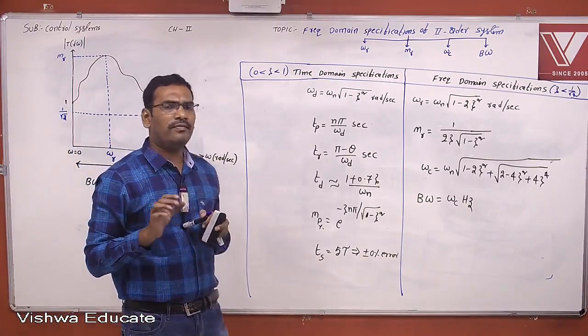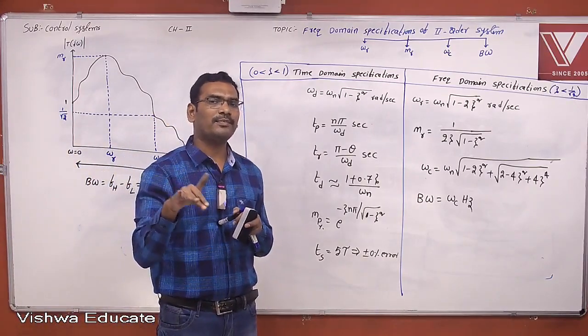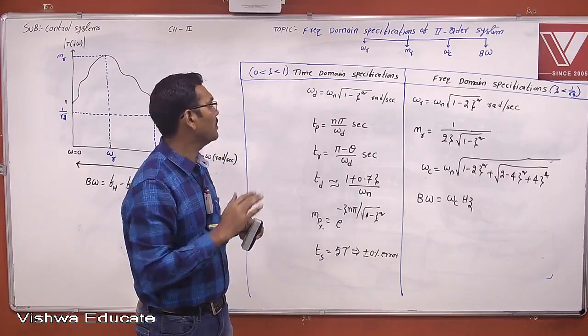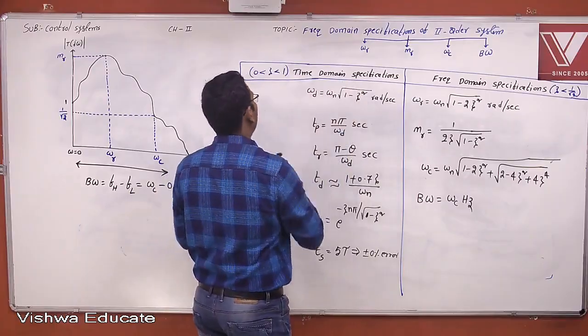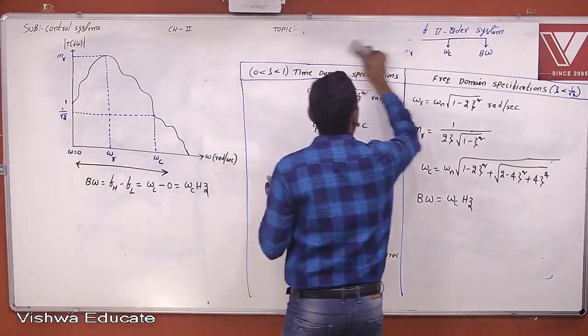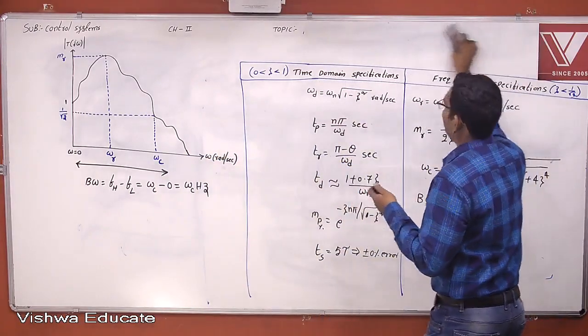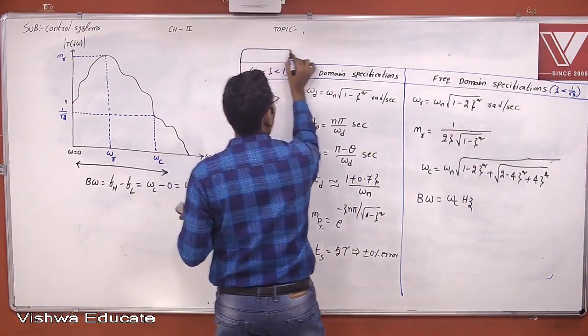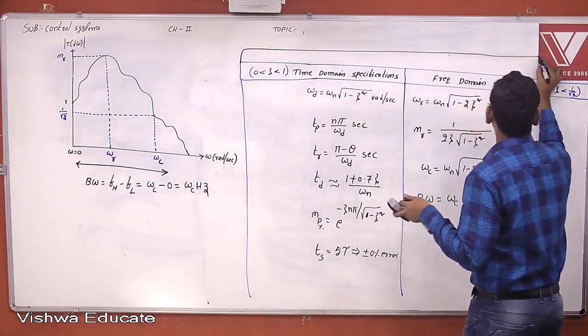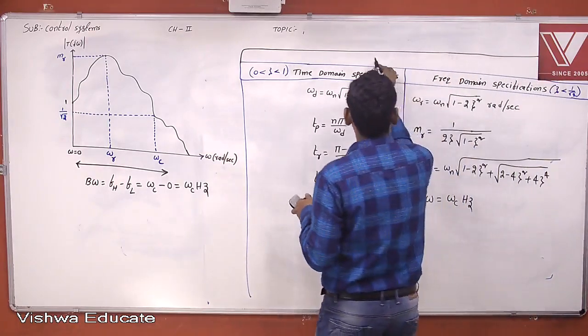Now students, the frequency domain specifications are with respect to frequency for the same second order system. Time domain specifications are for which system? This is for the second order system. For a second order system, the time domain and frequency domain specifications. Totally I am talking about the second order system.